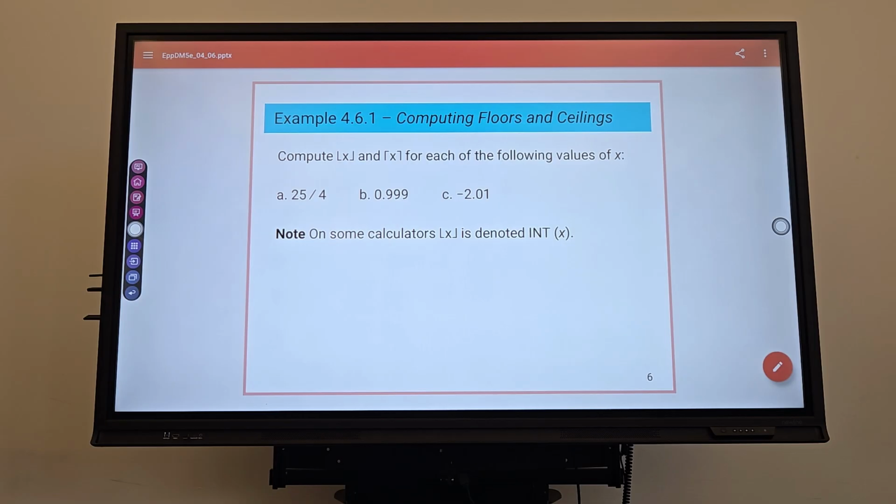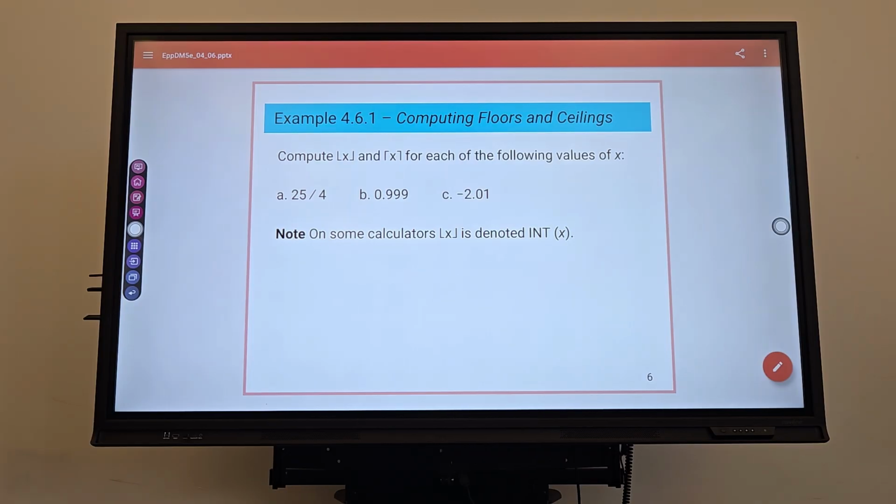What's the floor and ceiling? The floor is 6, and the ceiling is 7.